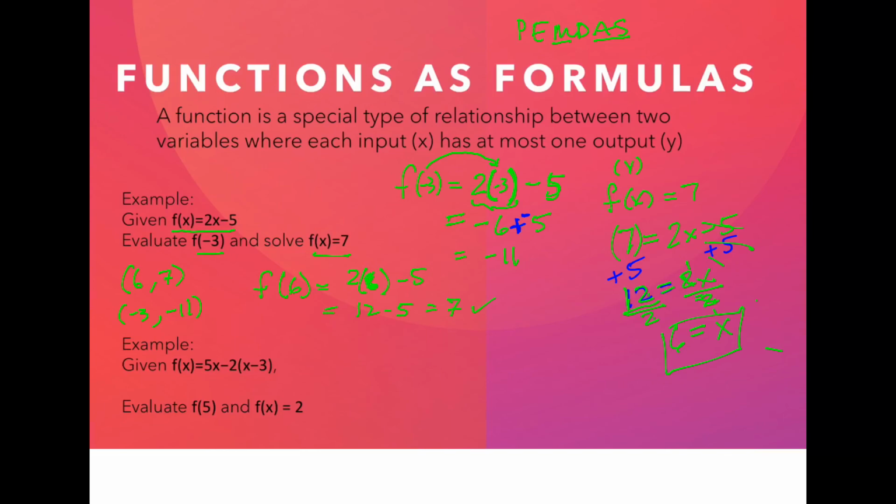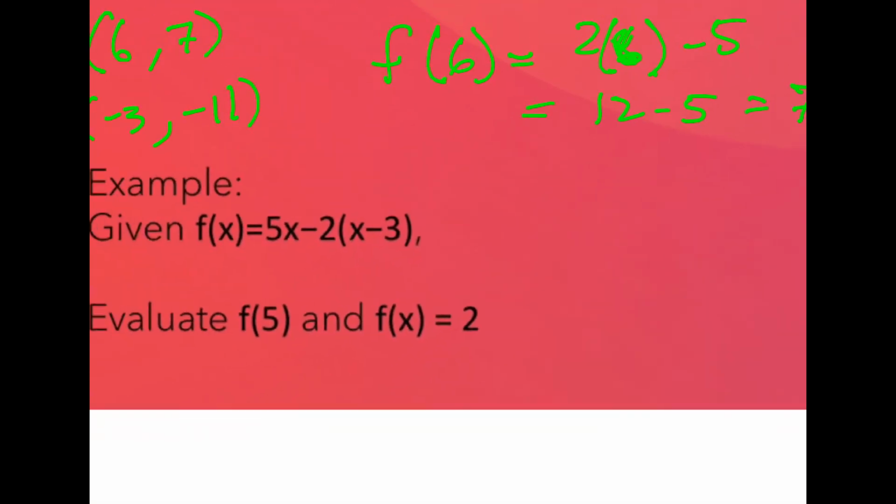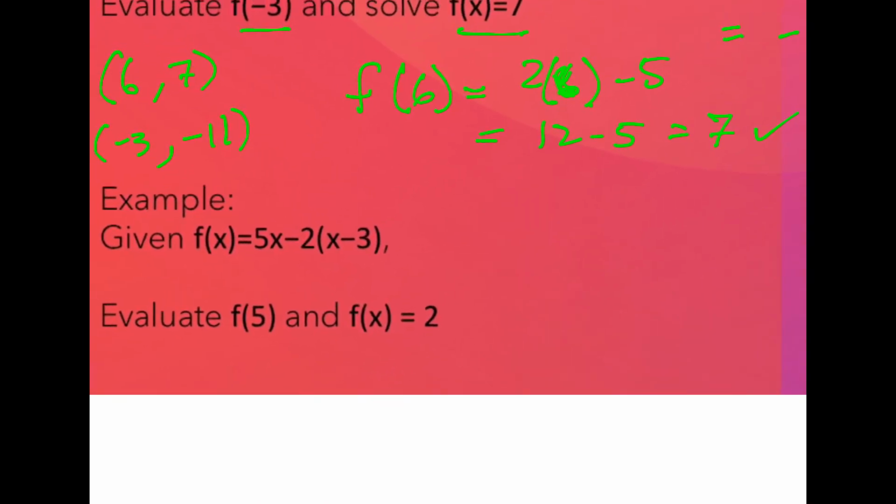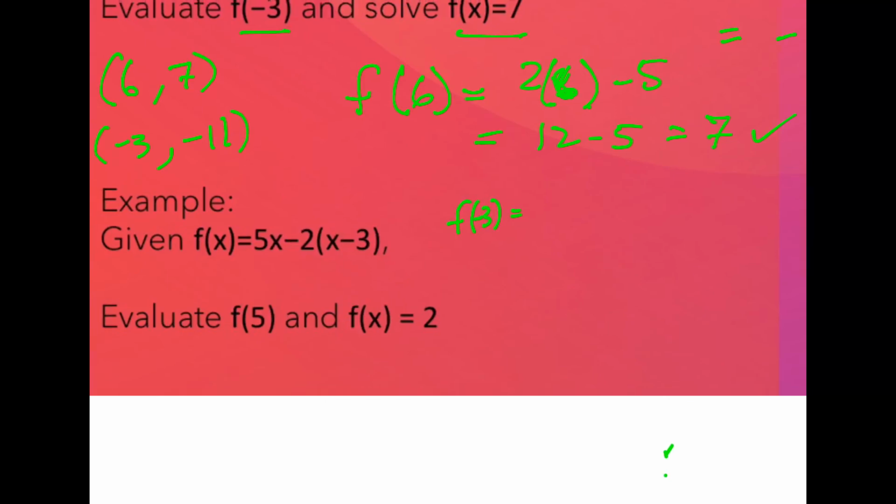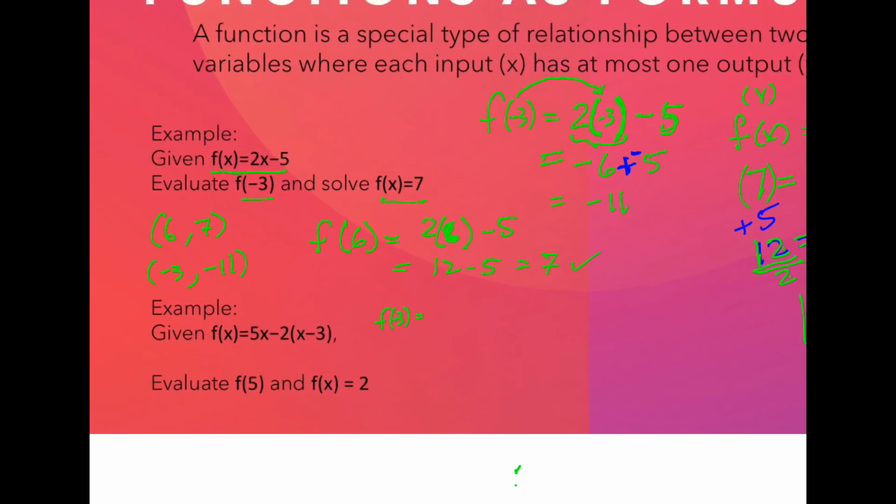Okay, and let's do another one here. We want to find the f of negative 3. So, for this function, I'm going to rewrite it, again putting parentheses where I see blanks.